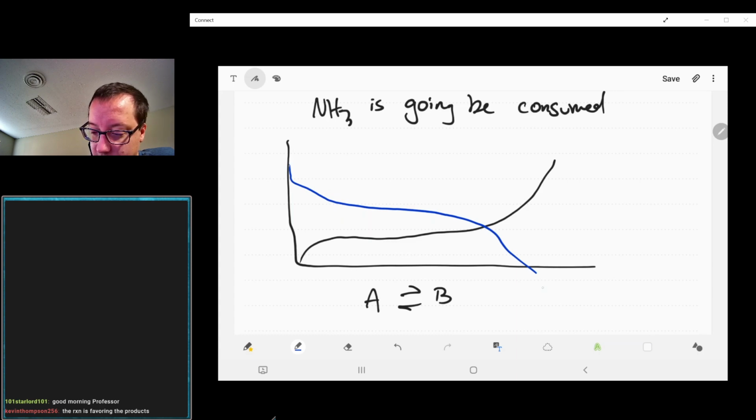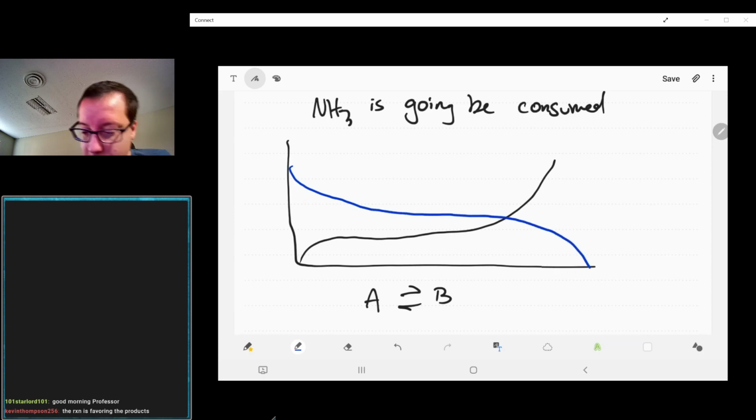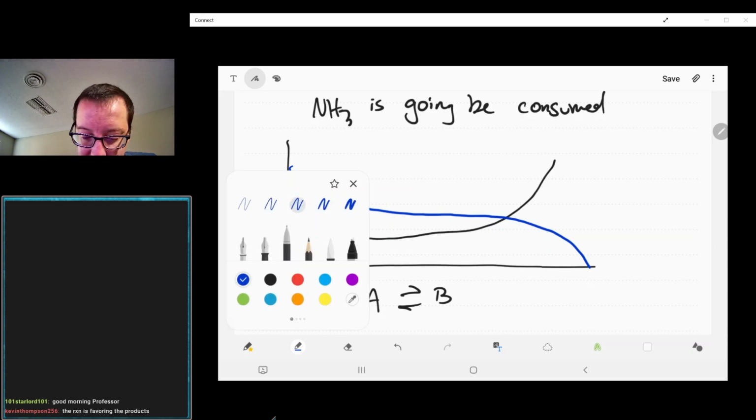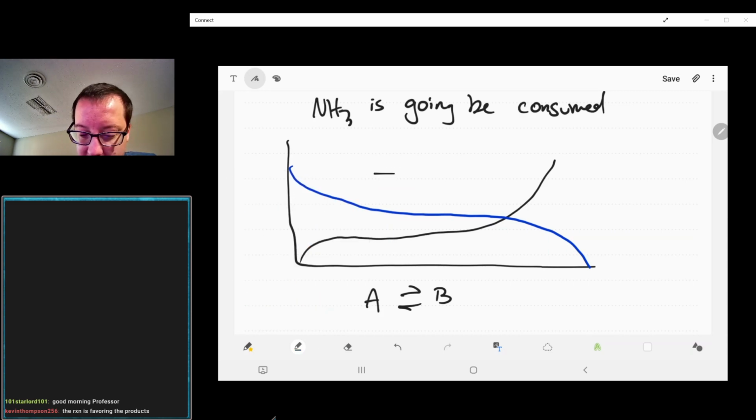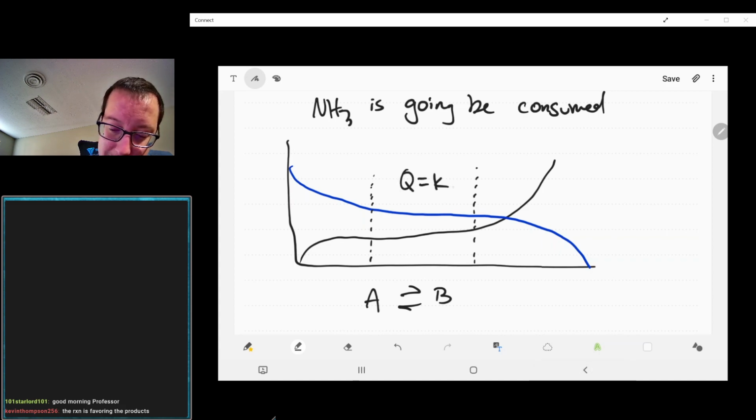That's really ugly, isn't it? Let me try that one again. There we go, kind of. So we've got three areas of this graph. Right here in the middle, let's say these are concentration units, by the way. We don't really have an x-axis because this is not a reaction that's happening over time.